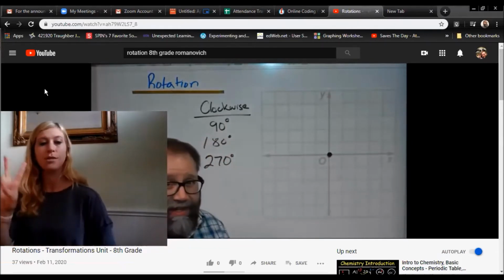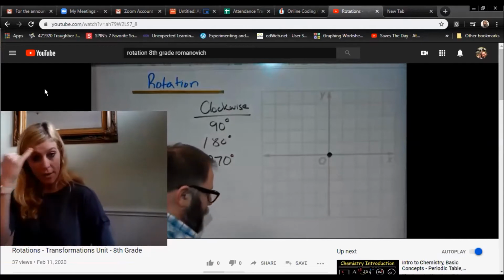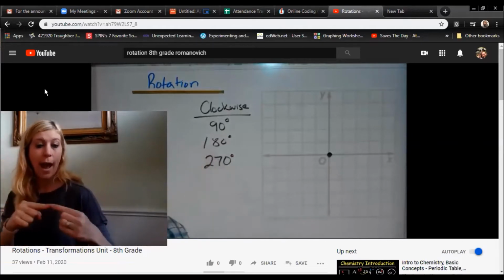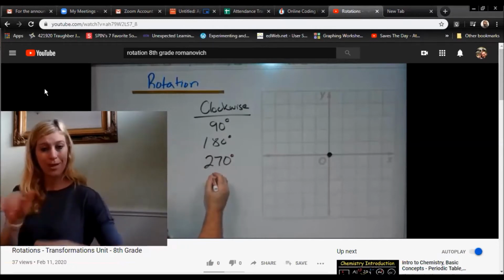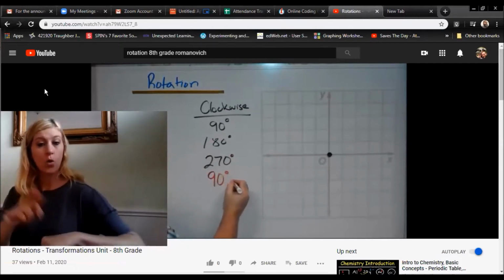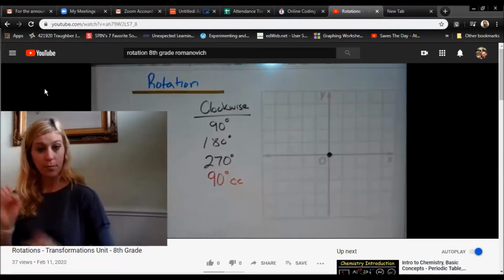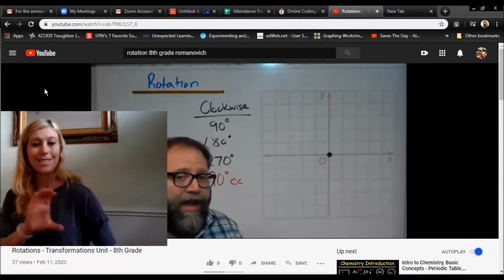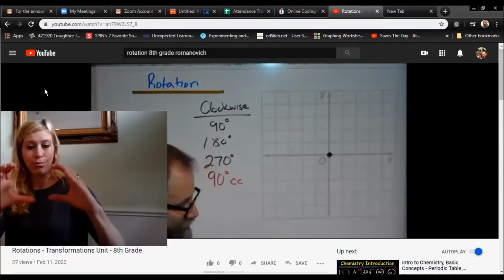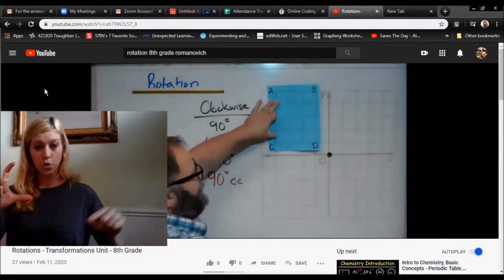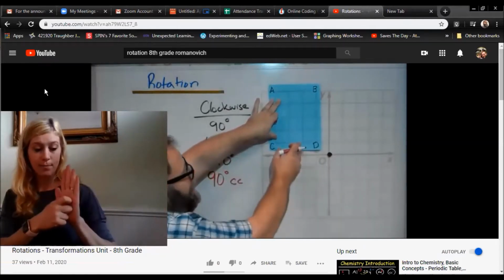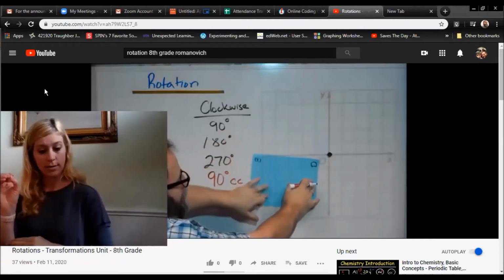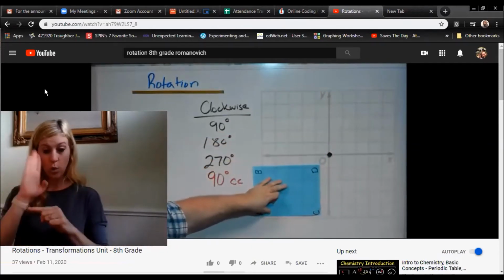Now the twist on this is we can also go counterclockwise. We don't do that often, and when we do it, it's usually the same thing. It's usually 90 degrees, and then somebody will put CC here, counterclockwise. The thing to remember about that is, if I'm here in this spot, and I go 90 degrees counterclockwise, I'm going to rotate and move to here.